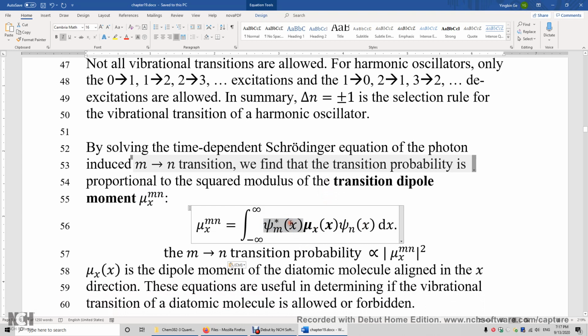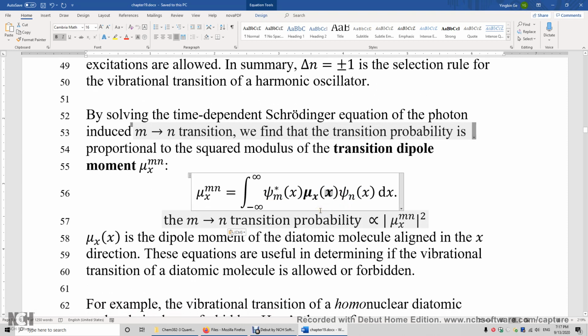This is the complex conjugate of the wave function for the initial energy level m, and this is the wave function of the final energy level n. In the middle, you have the dipole moment of the diatomic molecule. And we're putting this diatomic molecule in the x direction, so this is x. And now this x is the displacement in the x direction.